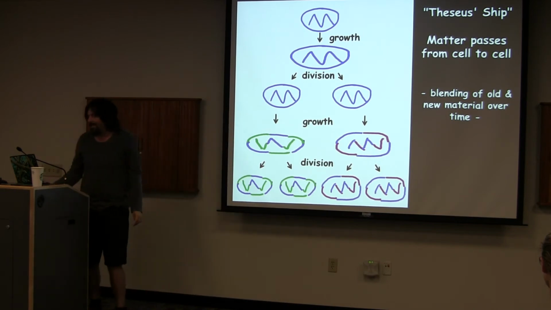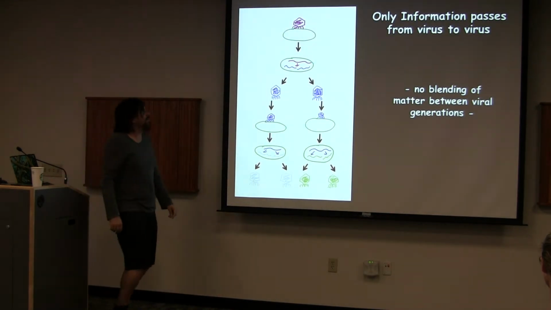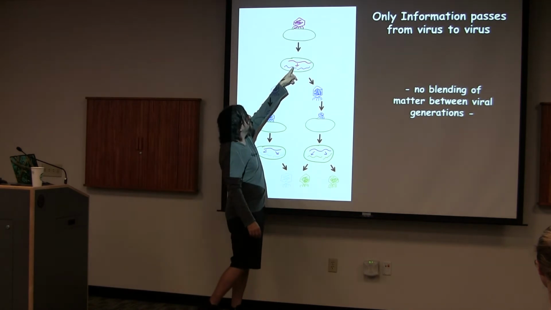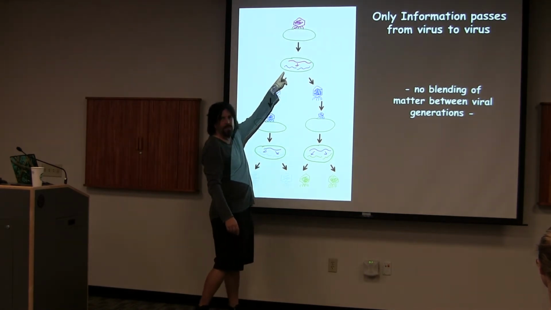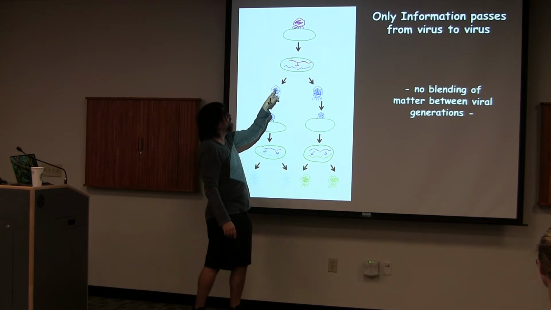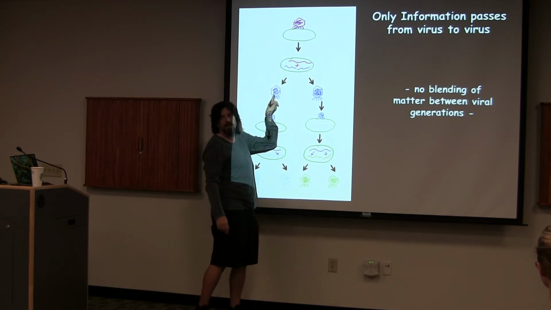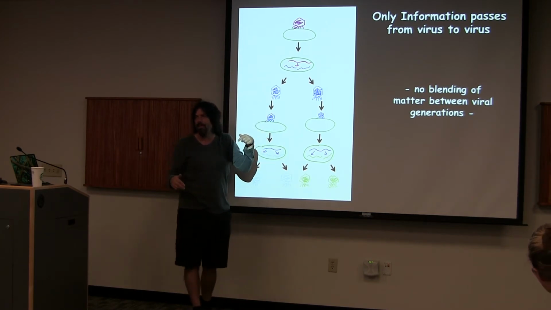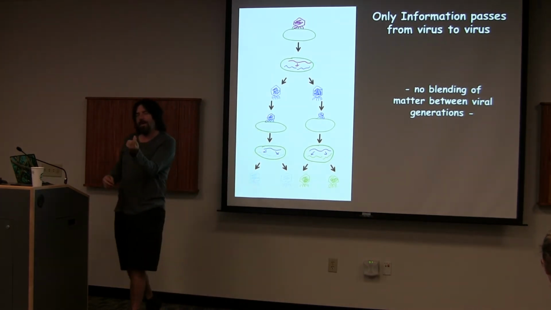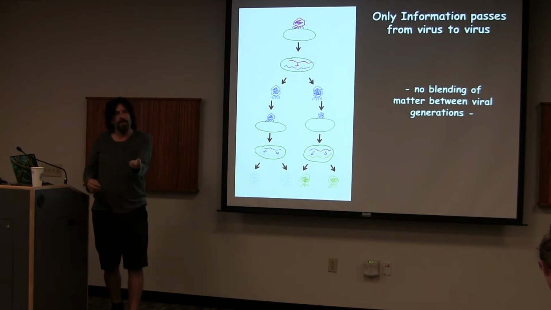A virus doesn't do that. A virus goes in, injects its DNA, which is copied into new viruses that are released, and those things are totally new. There's absolutely no blending from one generation to the other. Not one atom has to go from one to the other. Does that make sense? So that's fundamentally different.